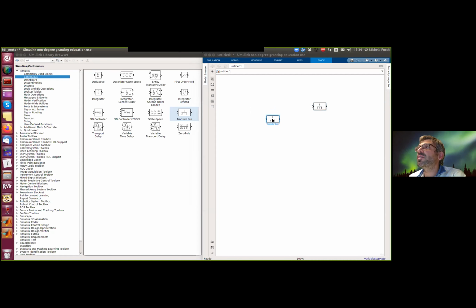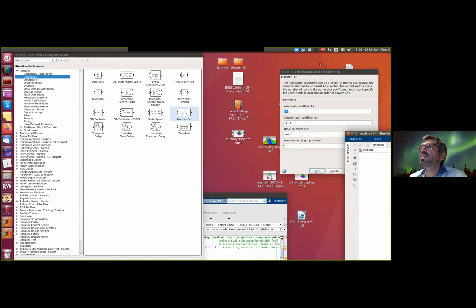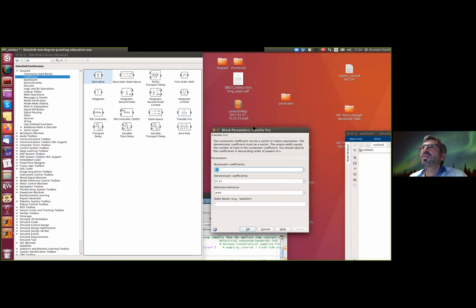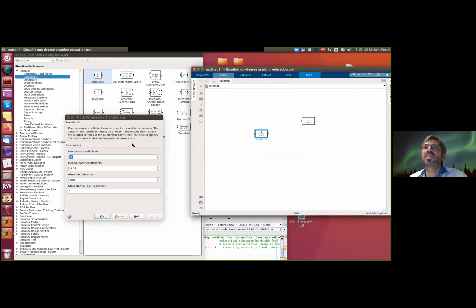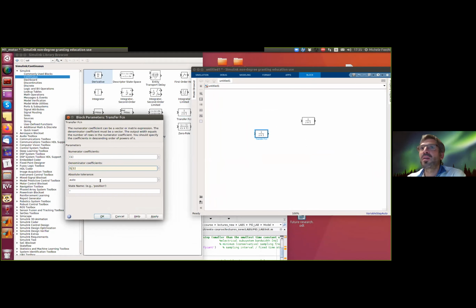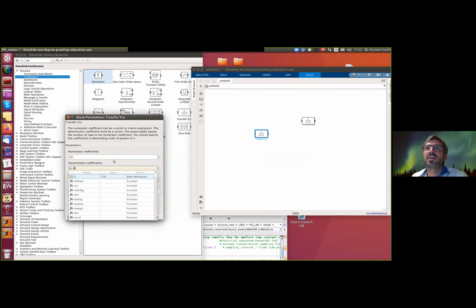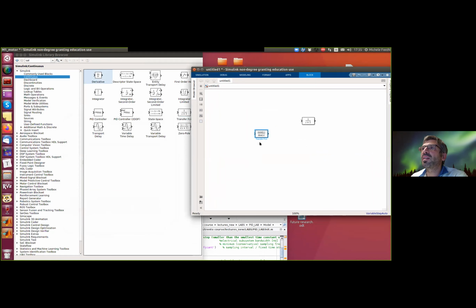For the electrical dynamics, we need to set the numerator and the denominator of this, and the numerator is 1 and the denominator is L, the coefficient of the S variable, and R. And if you do like this, you get the electrical dynamics, right?